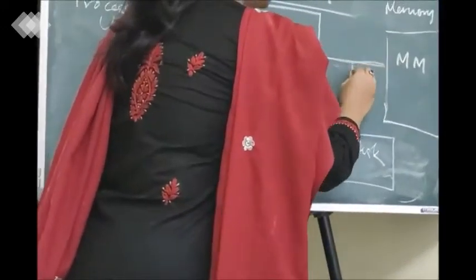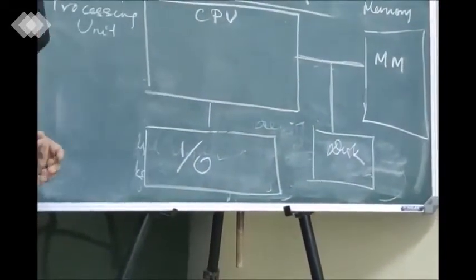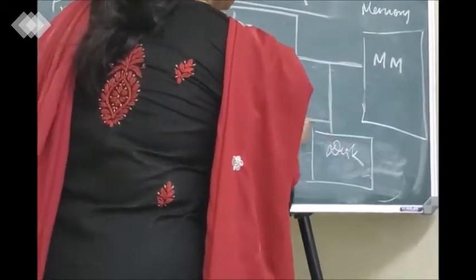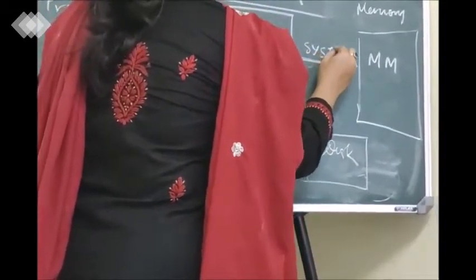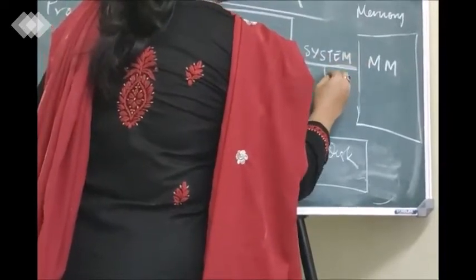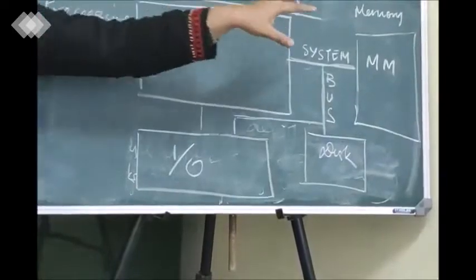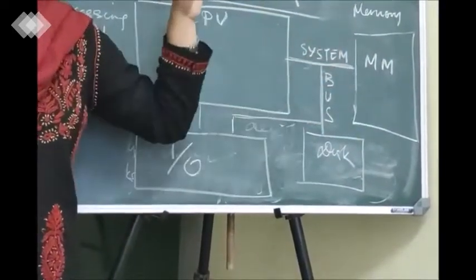Now, all of this is connected via a bus called the system bus. So what do I name it? System bus. Every functional component of a computer is connected via the system bus.